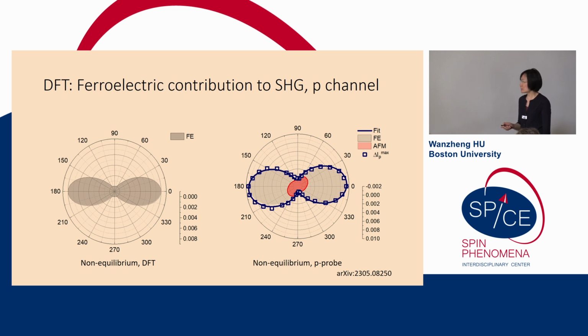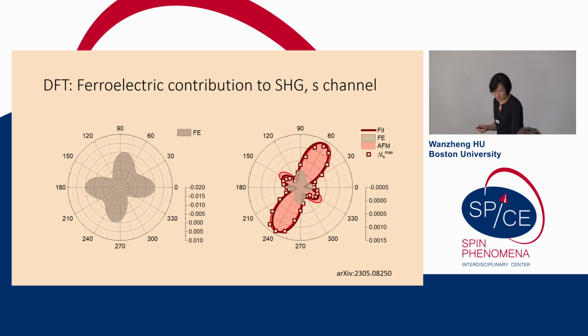And this prediction is based on, so now they only calculate the distorted lattice, so that is only the ferroelectric contribution. Now you should only compare this theory result with our measurement, only the gray part from the fit. So you see the theory very well reproduces our experimental result: along the P direction, you should see this 2-lobe signal, and along the S direction probe, you should see this nearly 4-lobe signal, and the magnitude also nicely fits the experimental observation.